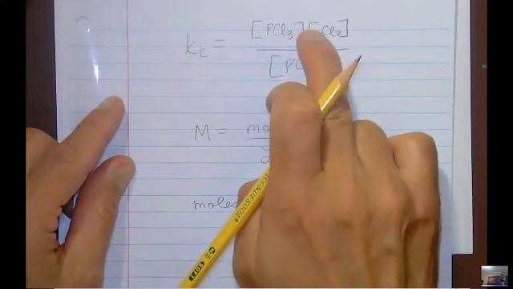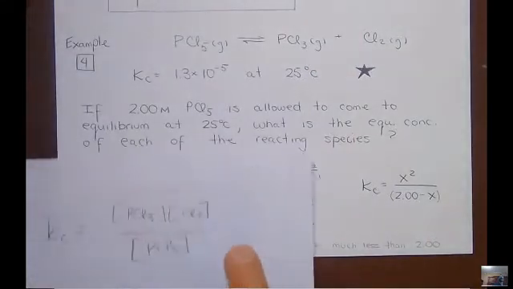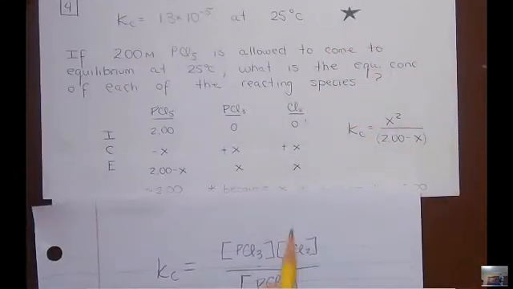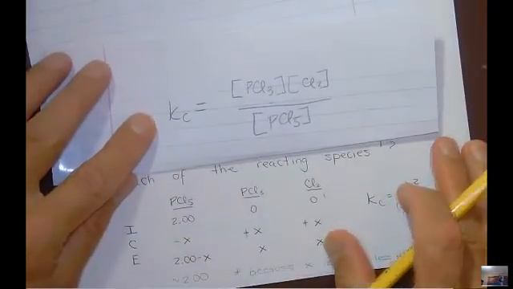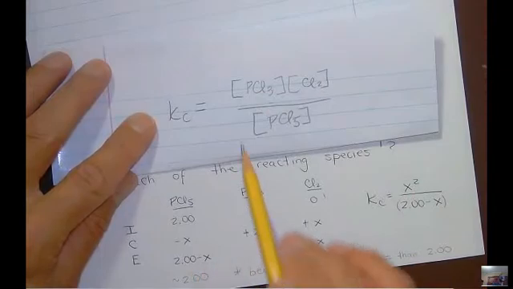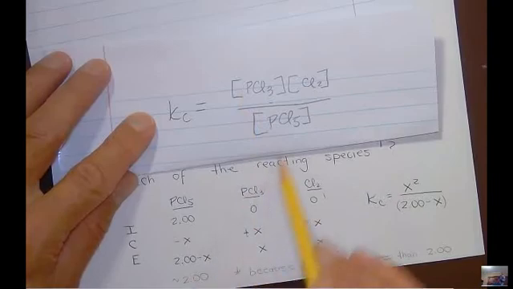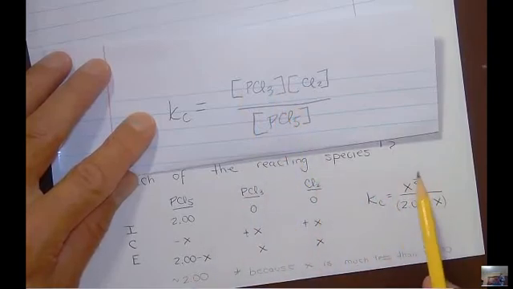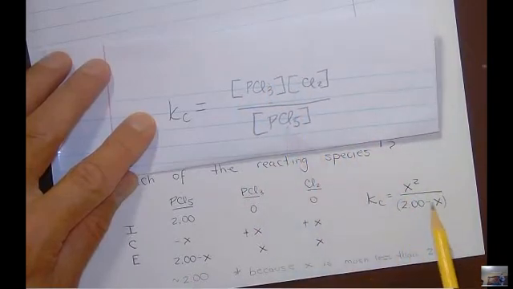So this is x, this is x, this is 2 minus x. All of that comes from here. Go back and plug the equilibrium concentrations into the equilibrium constant expression. x times x gives you x squared, and this is just 2 minus x.